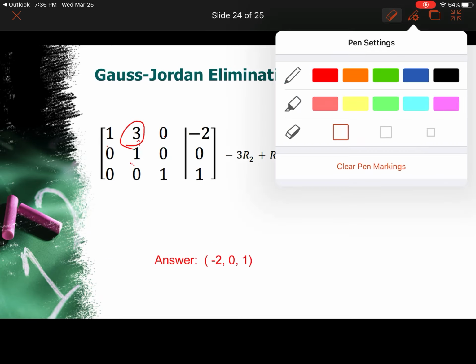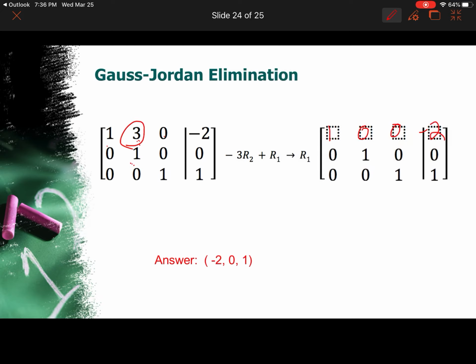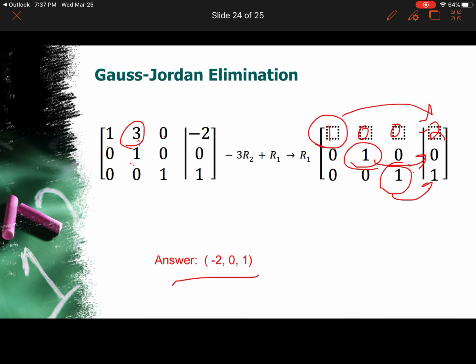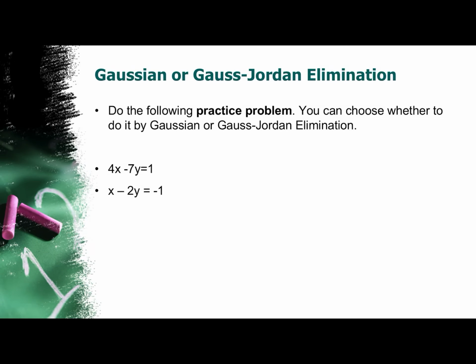Okay, so you can see that that answer is, I can just read it right off. The x is the -2, the y is the 0, and the z is the 1. And those are the same answers we got when we stopped and did the back substitution with the algebraic equations. But with Gauss-Jordan, you can just do it all in matrices and get it all the way down.